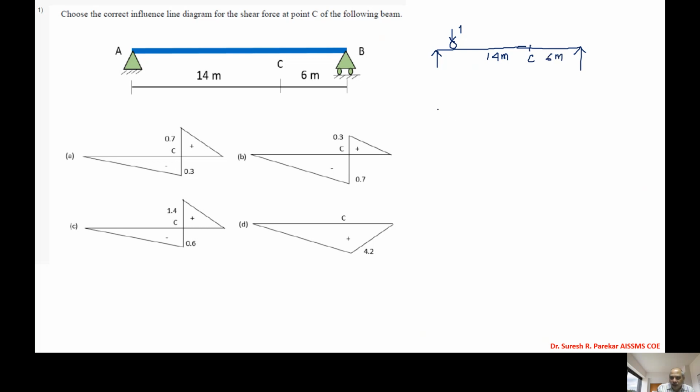Now, if I draw the reaction, then we say this is RA, the reaction for A we have in this fashion. Now shear force at B we have minus RB, so I will draw this reaction, that is ILD for RB below. So this is 1, this is 1.